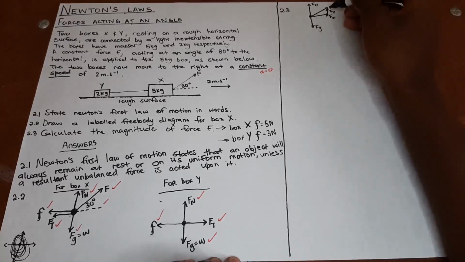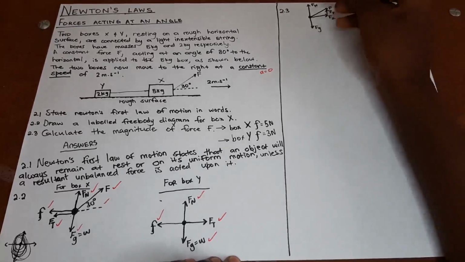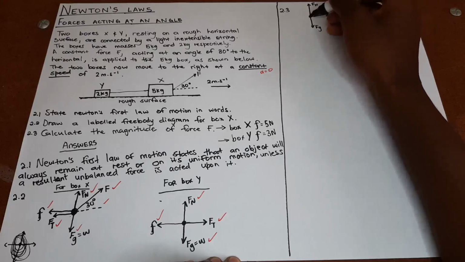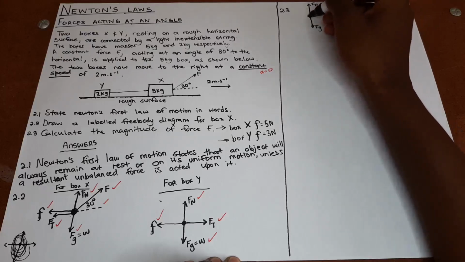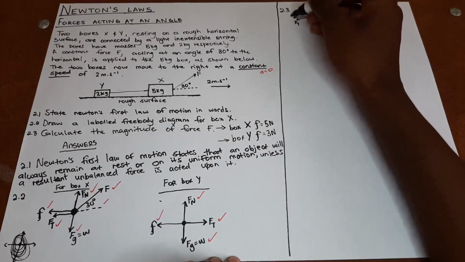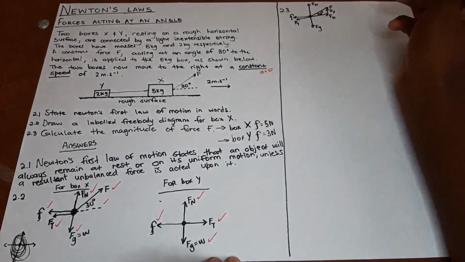This creates a triangle, and this angle is 30 degrees. And we have a frictional force and a tension force, Ft, and the frictional force.